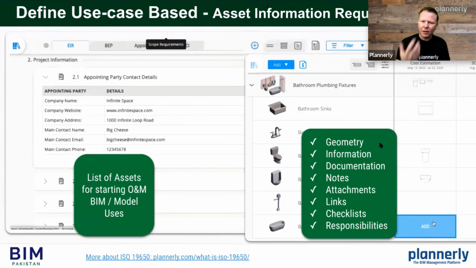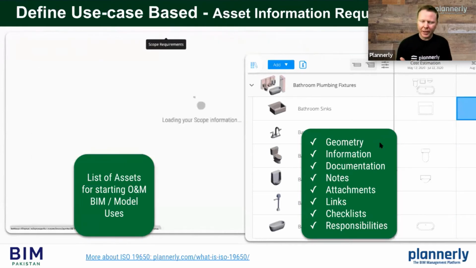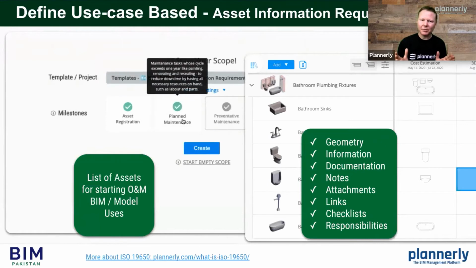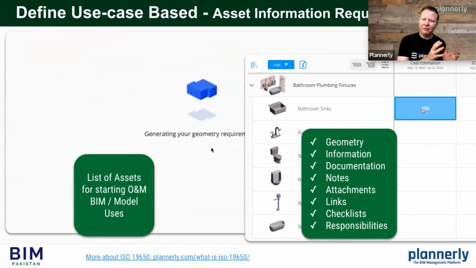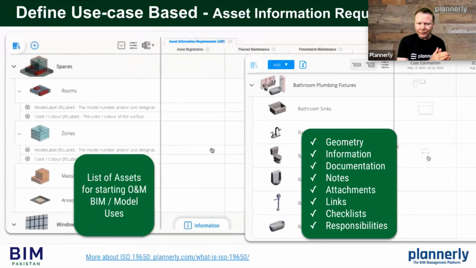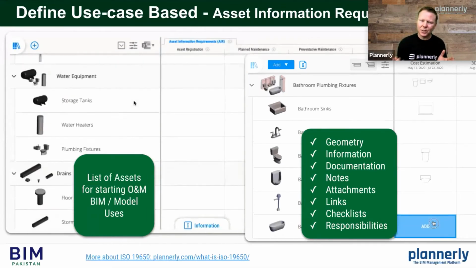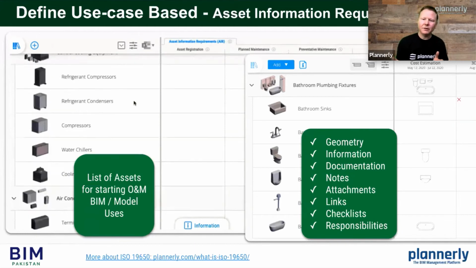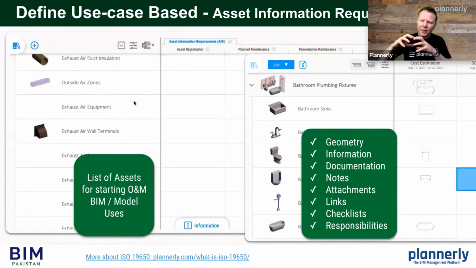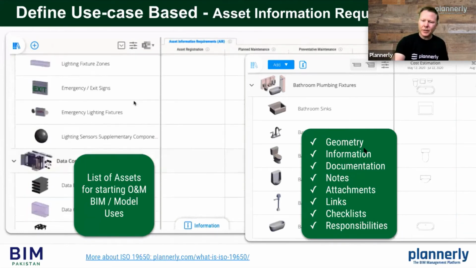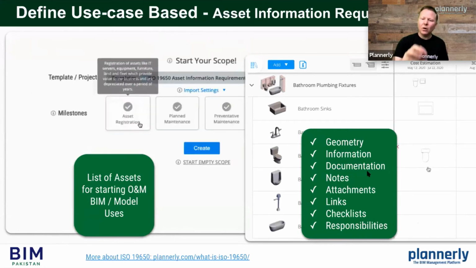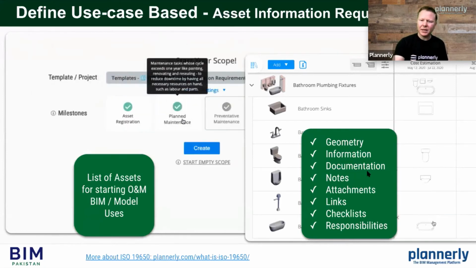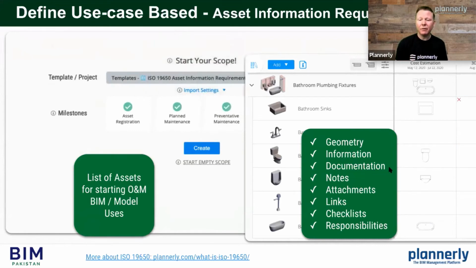So the important part, through level of information need, and explaining lots of concepts in this very short period of time. But when we understand level of development or level of detail, what we're now progressing towards is this concept of level of information need, which is encompassing the geometry required, the information, and the documentation required for that specific asset, for that purpose, or for that container of information.